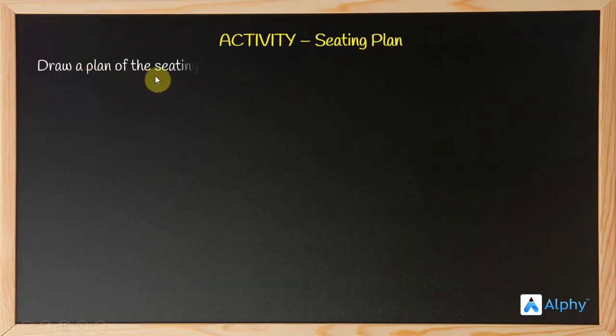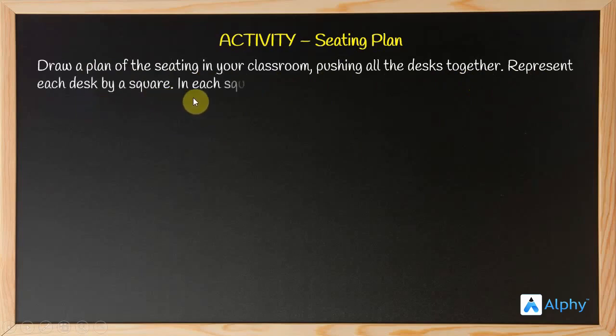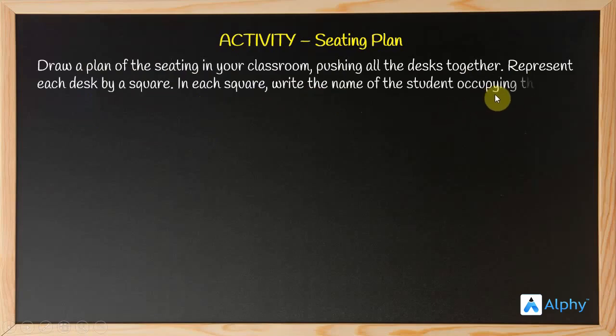Draw a plan of the seating in your classroom, pushing all the desks together. Represent each desk by a square. In each square, write the name of the student occupying the desk which the square represents.